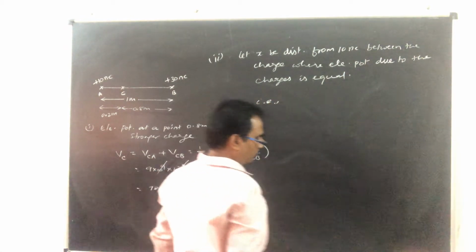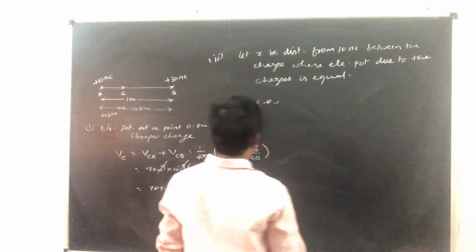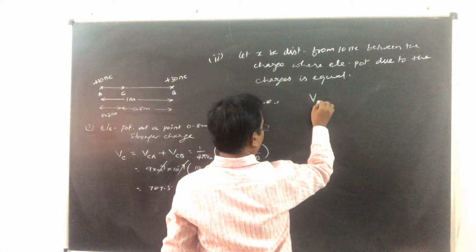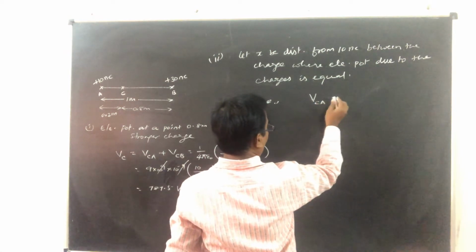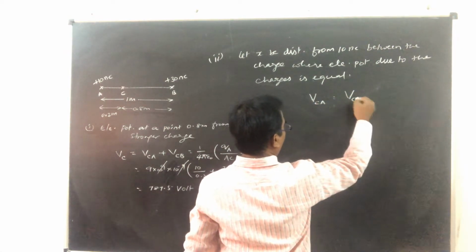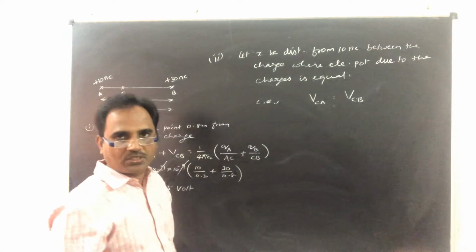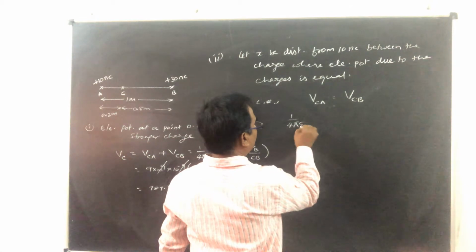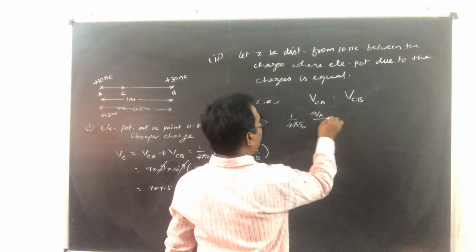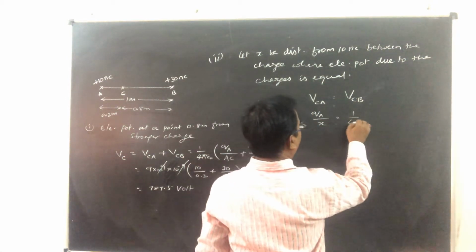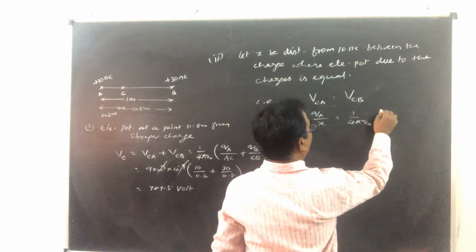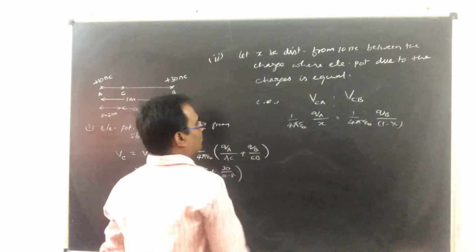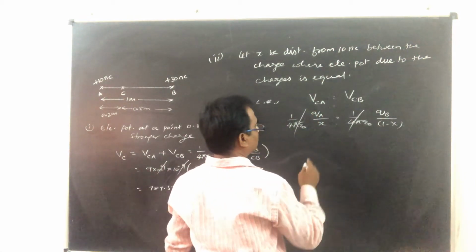That means the potential at C due to the charge A should become equal to the potential at C due to the charge at B. So, this is 1 by 4 pi epsilon naught Qa divided by x, equal to 1 by 4 pi epsilon naught Qb divided by 1 minus x. You can strike off this common term.